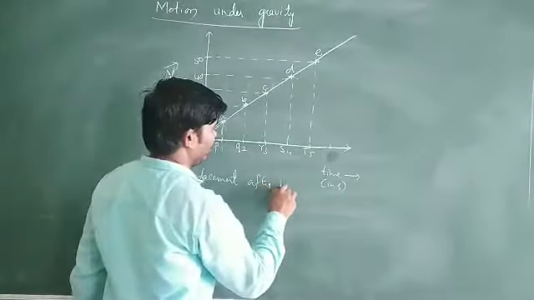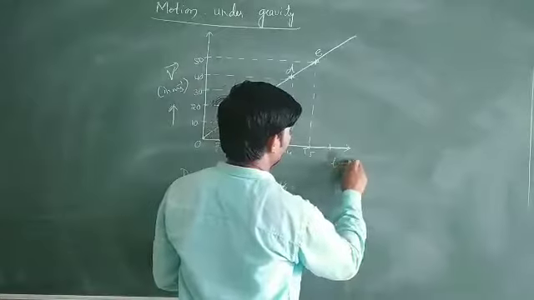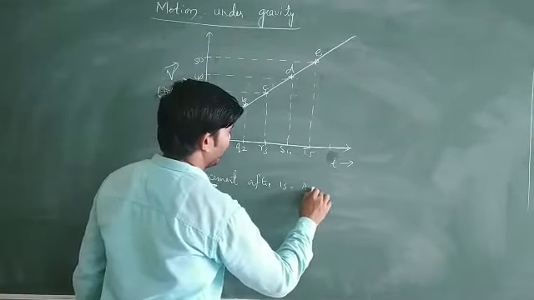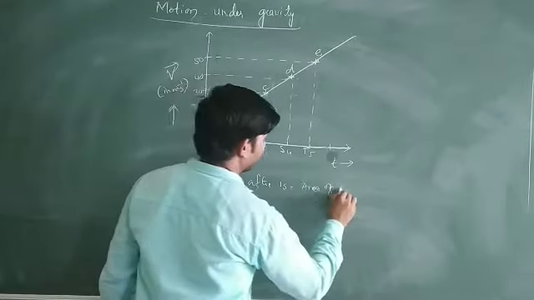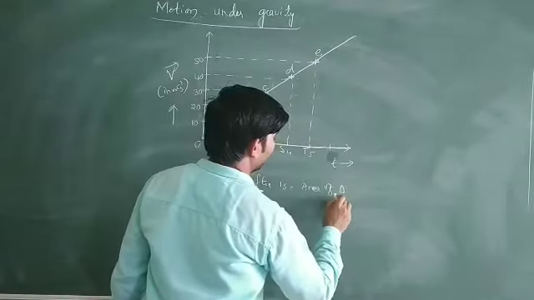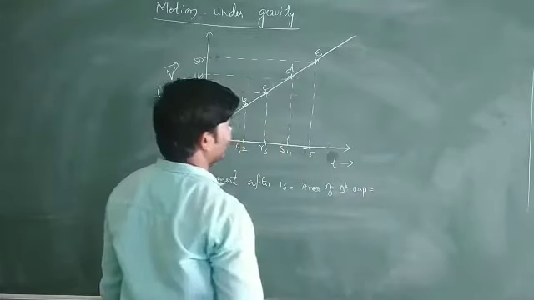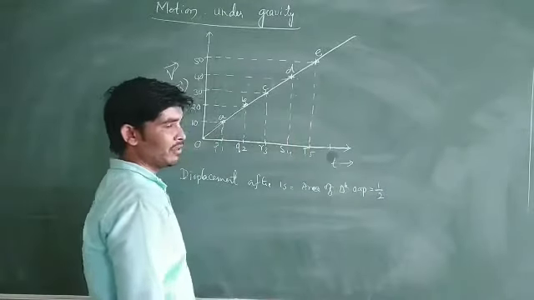Displacement after 1 second is equal to the area of triangle OAP. What is the formula for the area of a triangle? Half into base into height.